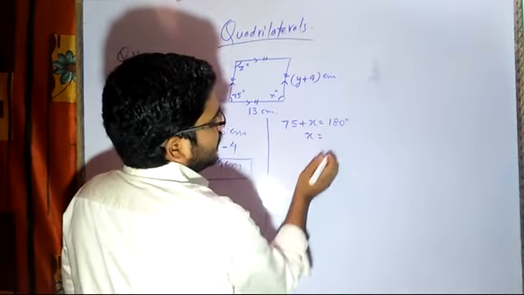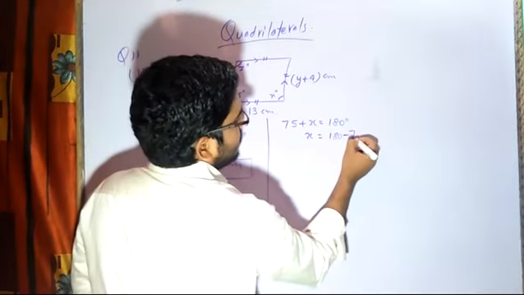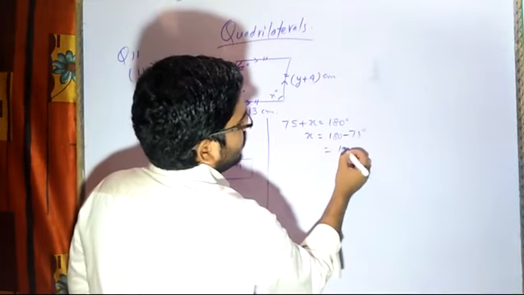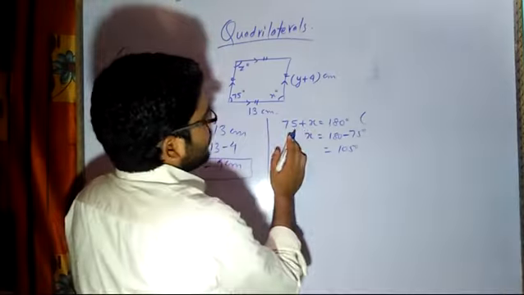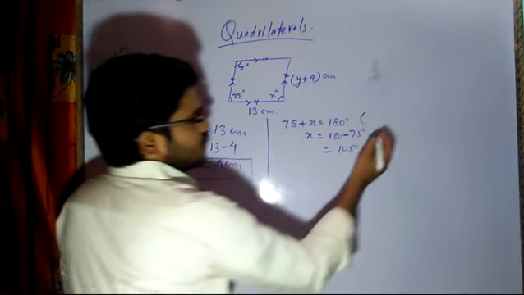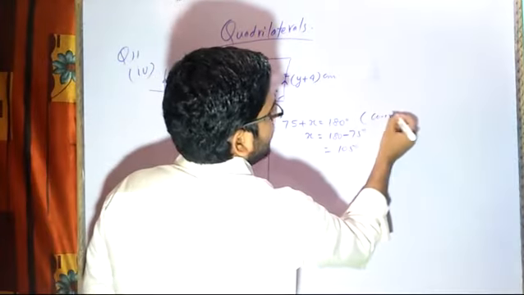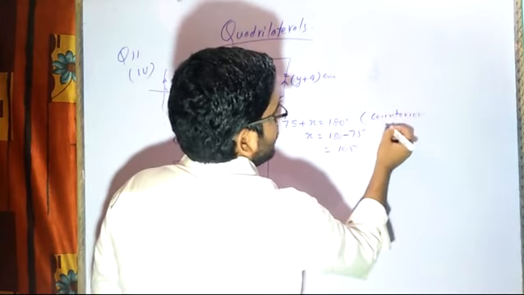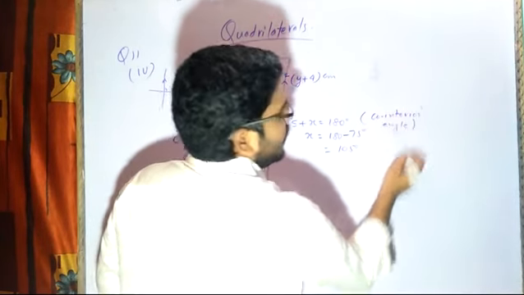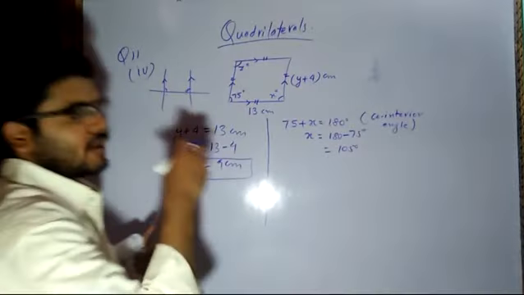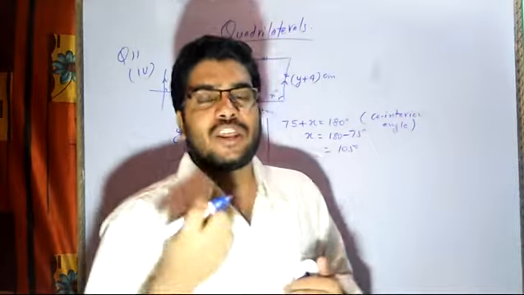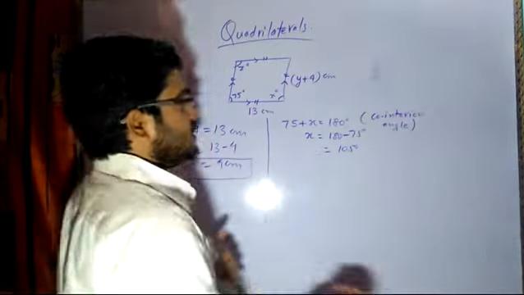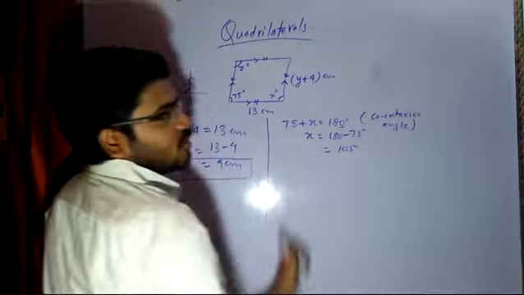So x is 180 degree minus 75 degree, which is equal to 105 degree. If you want to mention the reason for 75 plus x is equal to 180, write co-interior angle. Always practice stating the reasons; it is very good practice to state why you have taken this equal to 180.